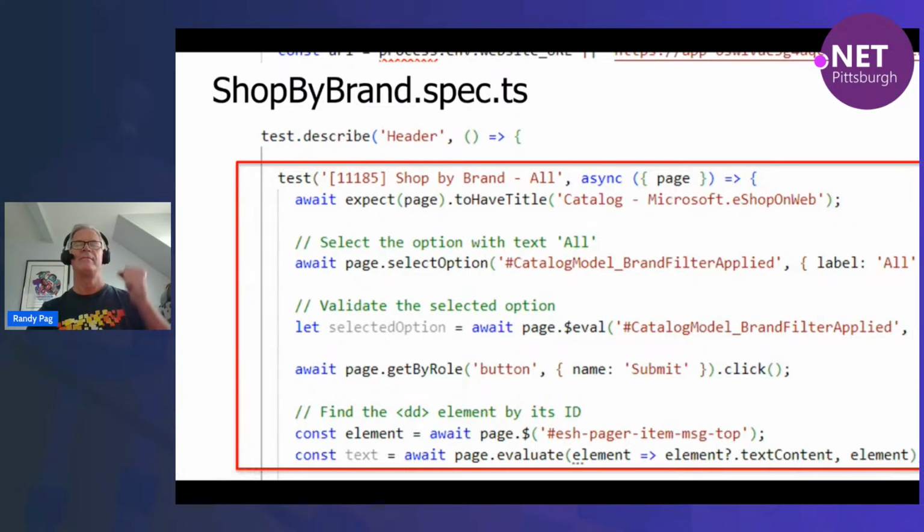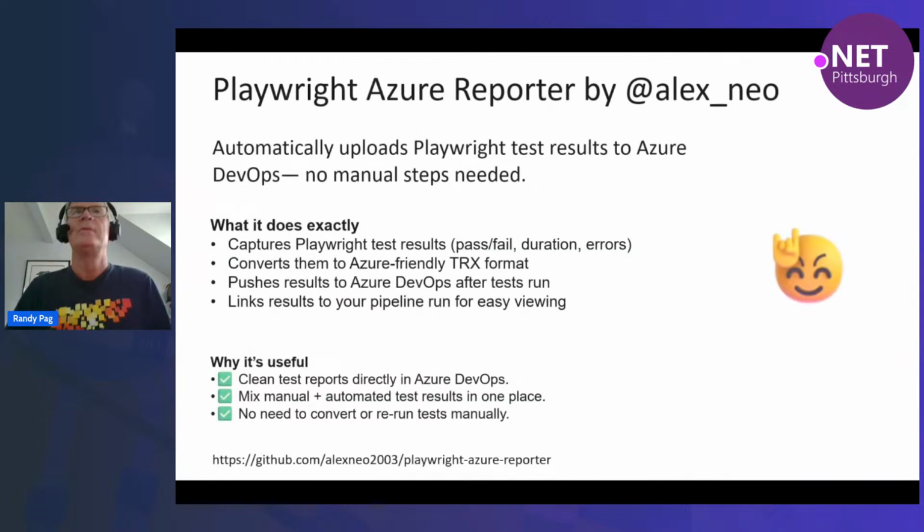Now, in order to take the Playwright test, if you notice the ID number here, the key to all this, the glue that makes it work, is the ID of the test case. So you create a new test, I have to come here and automate it and then tie it back to the 11185, and it all falls into the suite. There's a special reporting tool called the Playwright Azure Reporter by Alex Neo that built this.